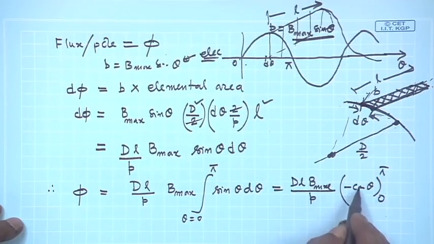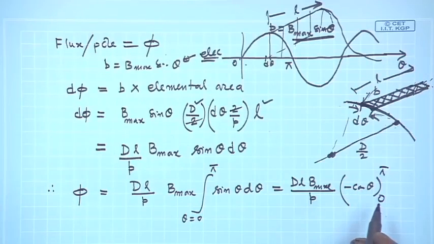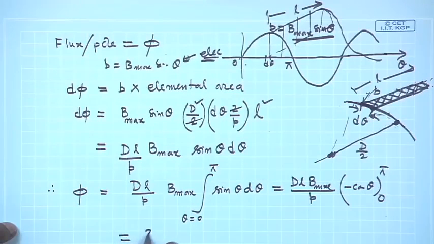So it will be 1 plus 1, so 2 is this integral value. So this will be twice D L B max by P.